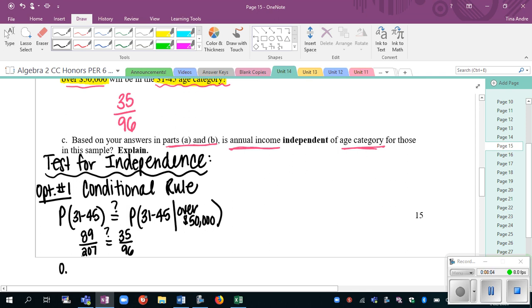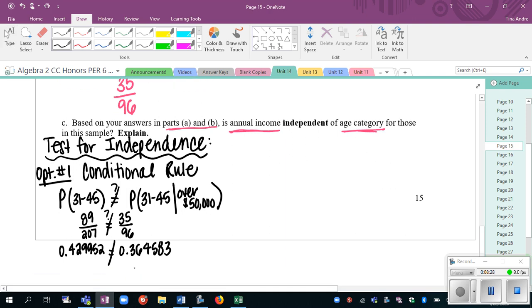When I converted this to a decimal, I got 0.429952, and the other is 0.364583. Those are not equal, which tells me these events are not independent.